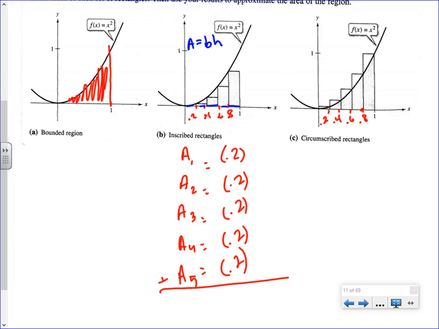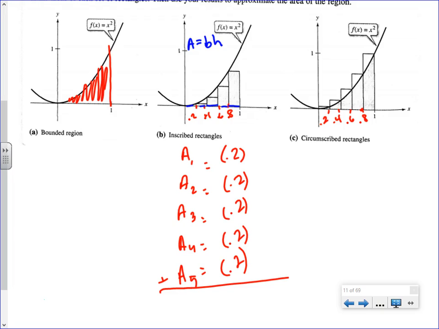We need the heights. But what kind of values are the heights? Y values. Now hold on. Which Y values? Y values come from y equals who? x squared. So we need to figure out what x to use to find the y.